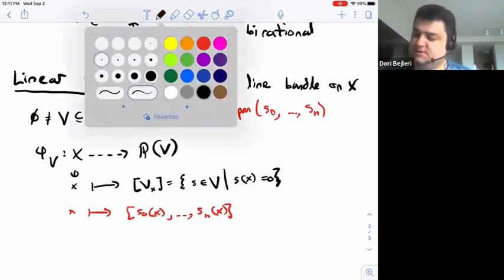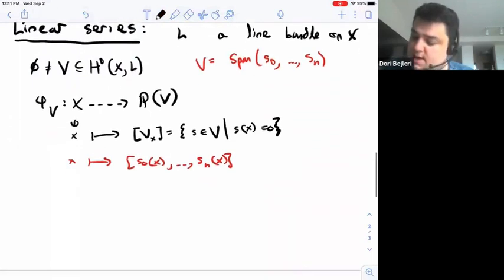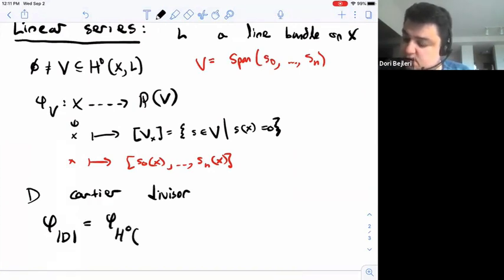So that was mostly to set this notation for this phi. And if D is a Cartier divisor, we'll use the same notation, phi sub D with these lines, to denote the complete linear series for the full space of global sections.